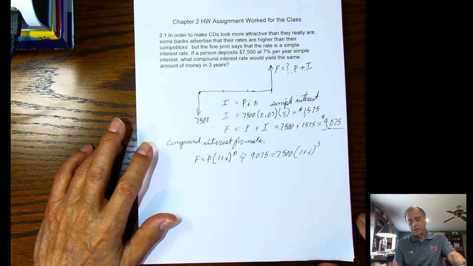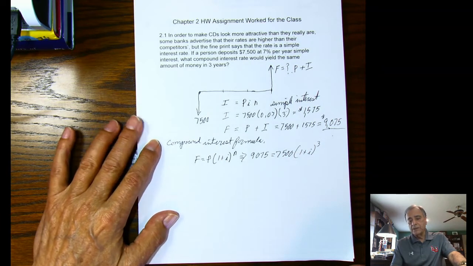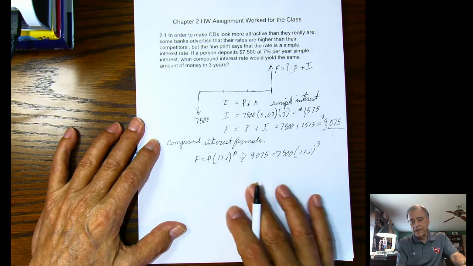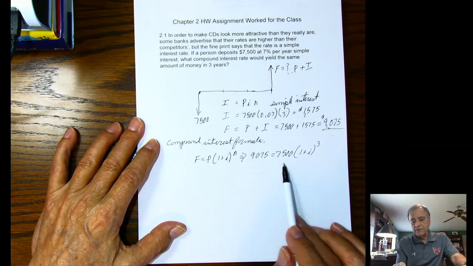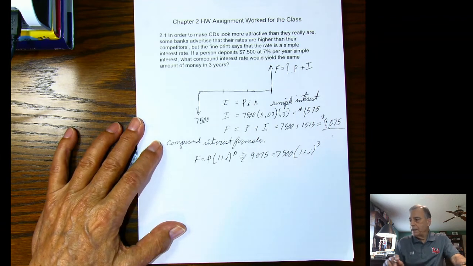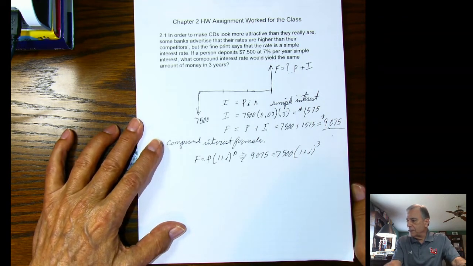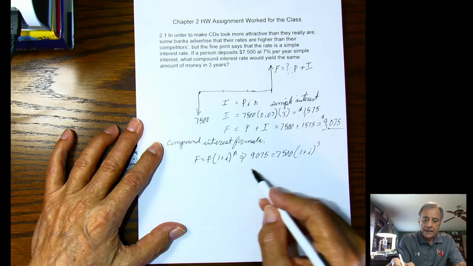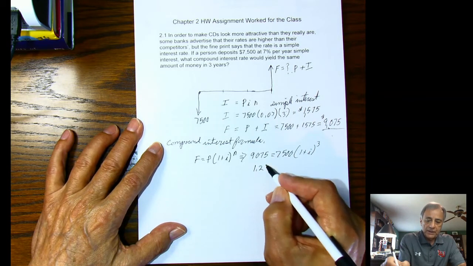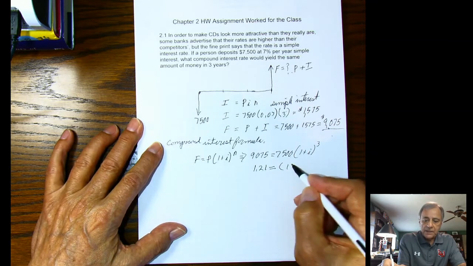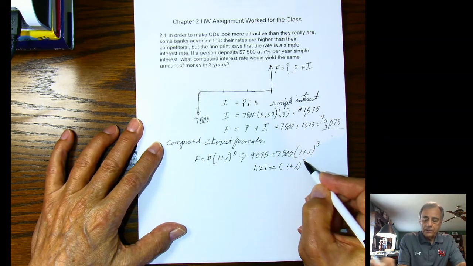So in order to solve this for i, first I'll divide by 7,500 to get the 1 plus i isolated. And when I divide both sides by 7,500, I get 1.21 equals (1 plus i) cubed.